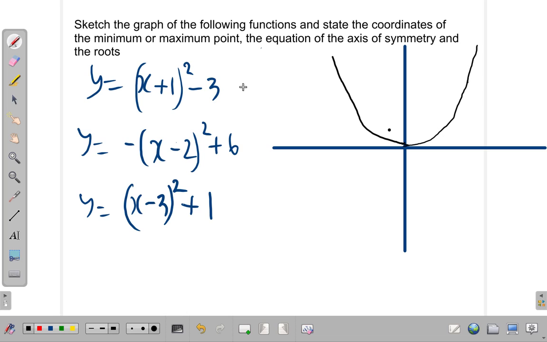And then this graph, y equals x squared, is shifted 1 unit to the left, to -1, and 3 units down, this is -3, so somewhere about here, lined up on the -1 and beside -3. So this graph should look something like this.